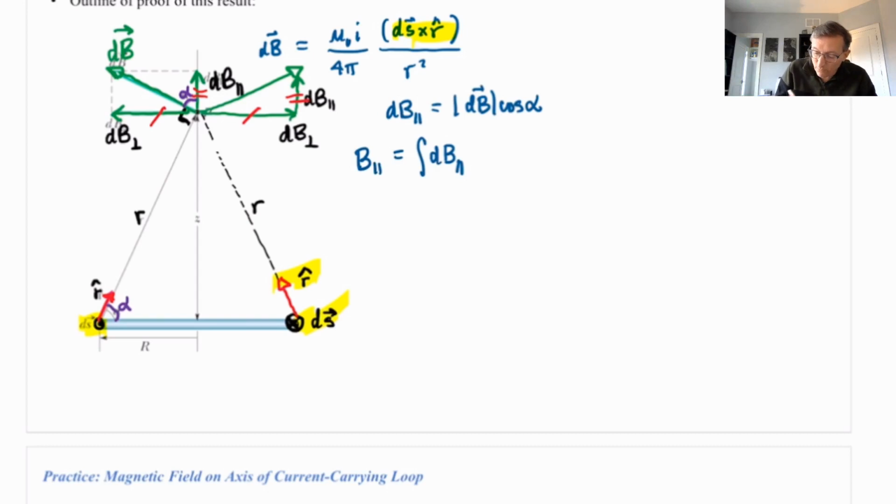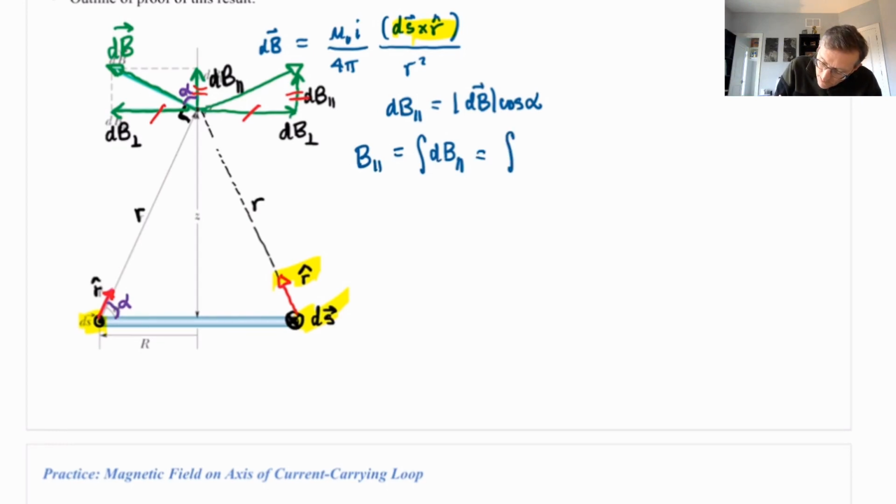So I have to figure out what to put for that. Well, that's the sum of dB magnitude cosine alpha. Let's write out what we know about all those things. dB magnitude comes from this formula right here.